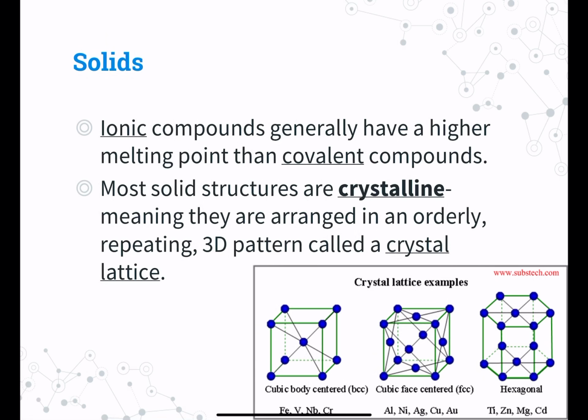So when we look at solids, solids form a crystalline structure. So they have a very specific 3D pattern, the arrangement of the particles. If we were in the classroom, we would look at these underneath a microscope.